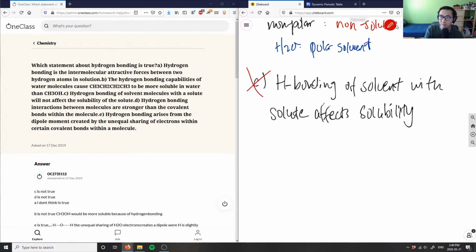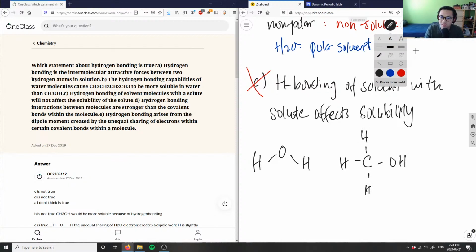And the reason why is that if I were to draw out the molecules here, this is hydrogen bonding, but also have CH3OH. So let me write this here. So I can hydrogen bond. This here is a hydrogen bond. Let me do this in blue.